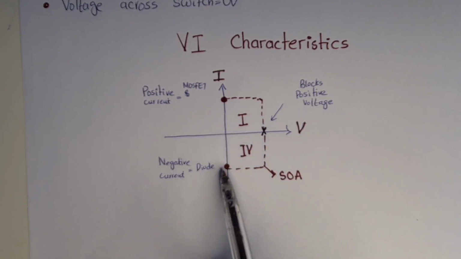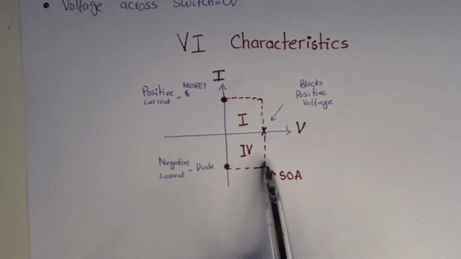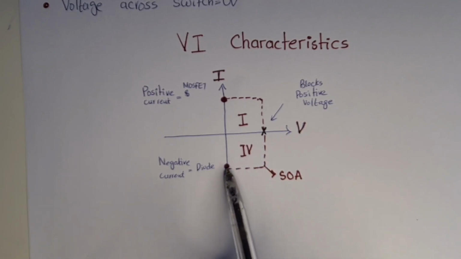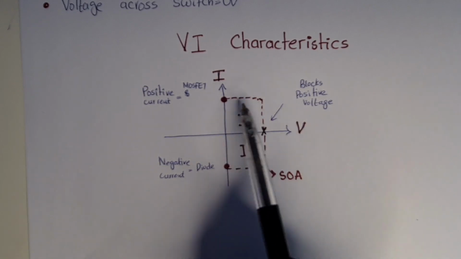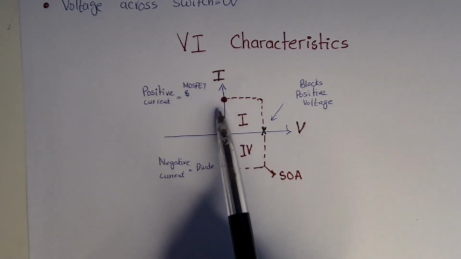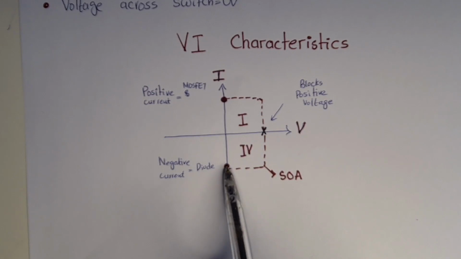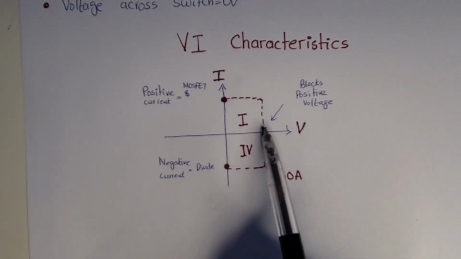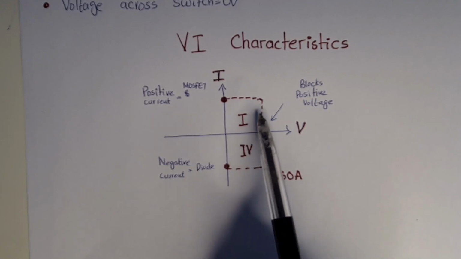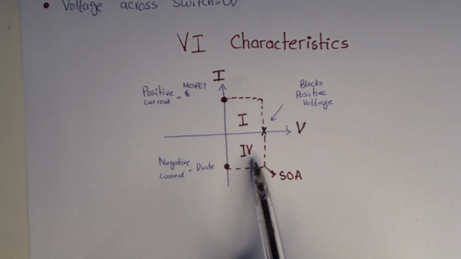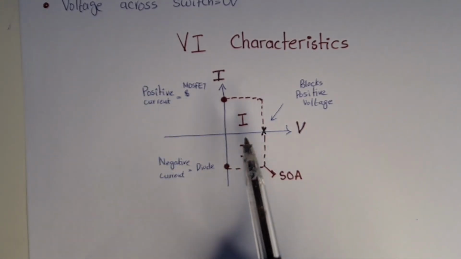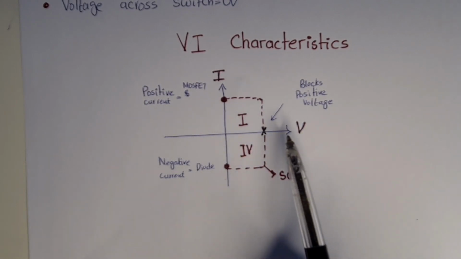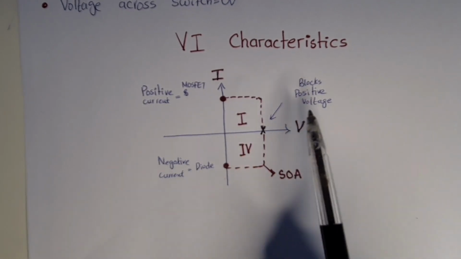When we apply negative voltage from drain to source, the diode is forward biased and it will conduct a negative current. So we have positive current when the MOSFET is conducting, negative current when the diode is conducting, and the switch is blocking the positive voltage. So we have this safe operating area for both MOSFET and IGBT in anti-parallel with the diode.